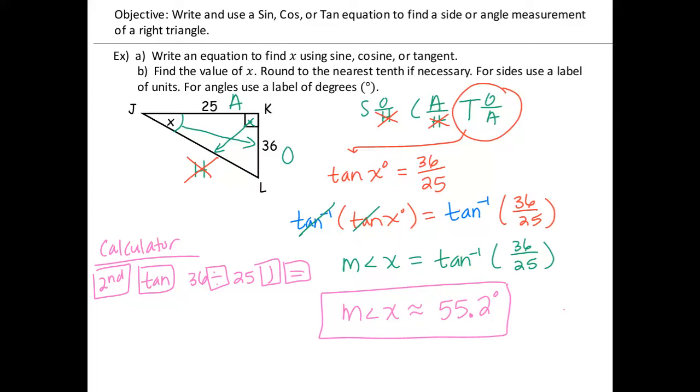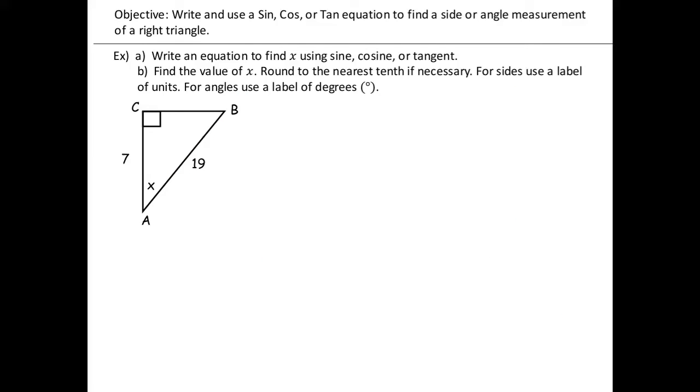All right. Next one, I'll kind of set it up and then you guys can do more of this one. Okay? All right, this one we have AC is 7. Side AB is 19.